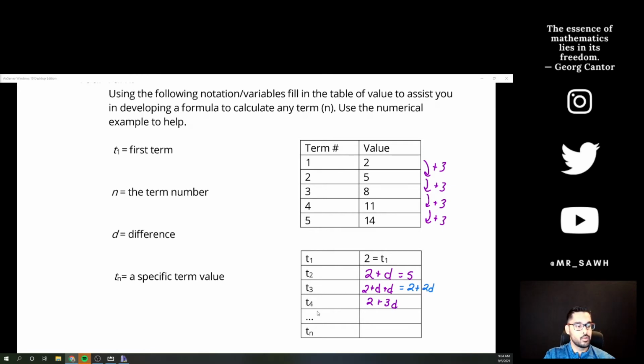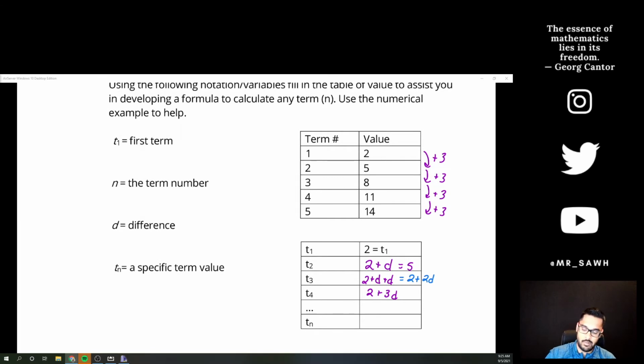So for the fourth term, we take our first term and add in 3 common differences. And now notice something. If this is the fourth term, I'm adding in 3 common differences. If this was the second term, I added in 1 common difference. If this was the third term, I added in 2 common differences. It's always 1 less than whatever term you're working with. And it's always 1 less because you're already starting with the first term. You're starting from a consistent place, but then you just keep adding to get the next value.